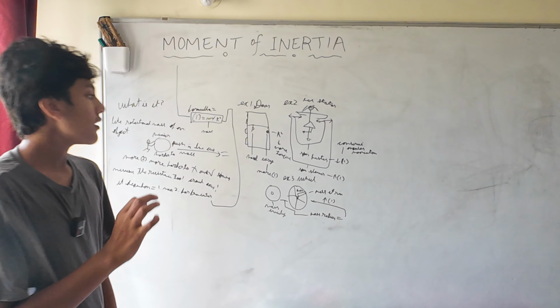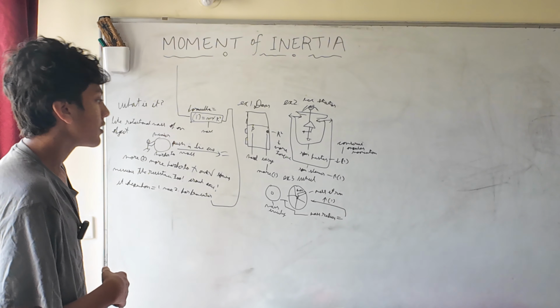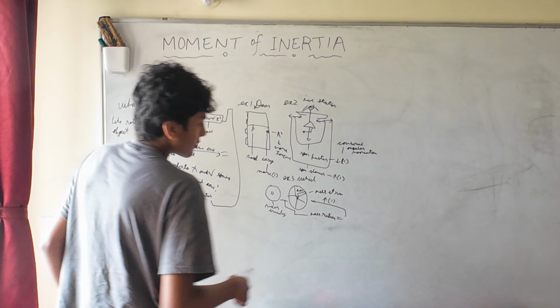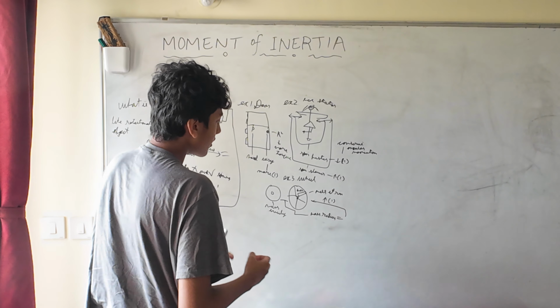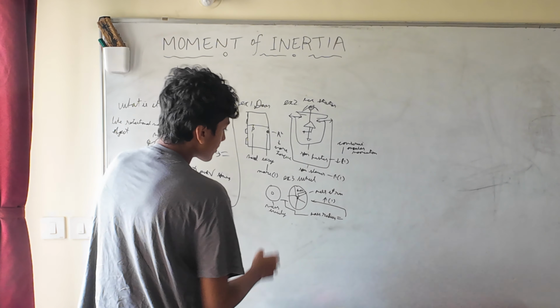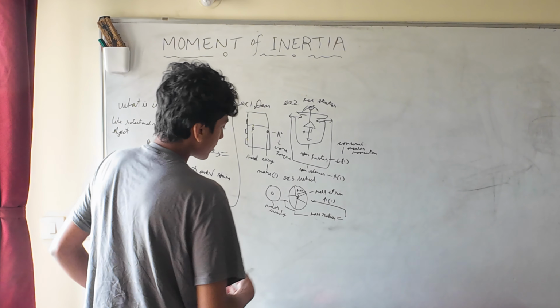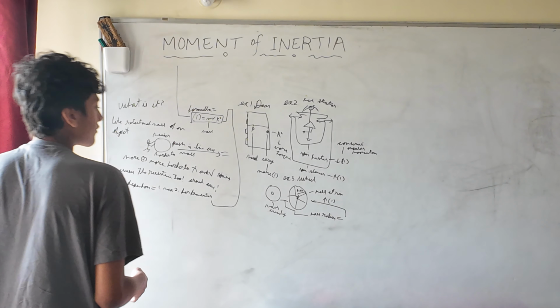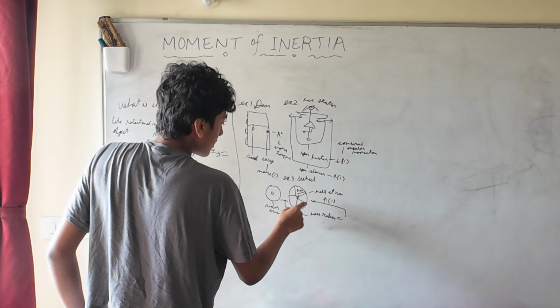Now let's say, for example, here we have a bicycle wheel. As we see here, most of its mass is at the rim, which is far from the center. Compare that to a flat disk, which has its mass evenly distributed.